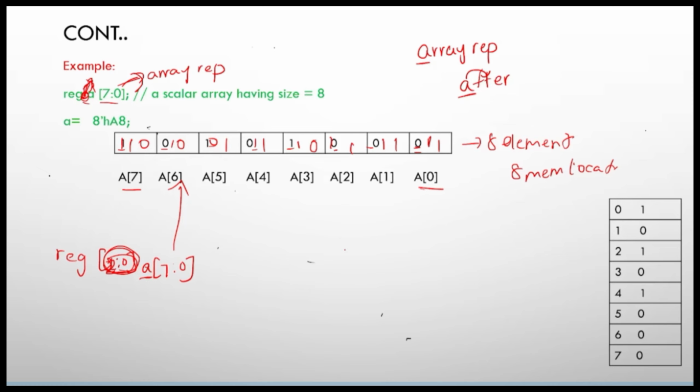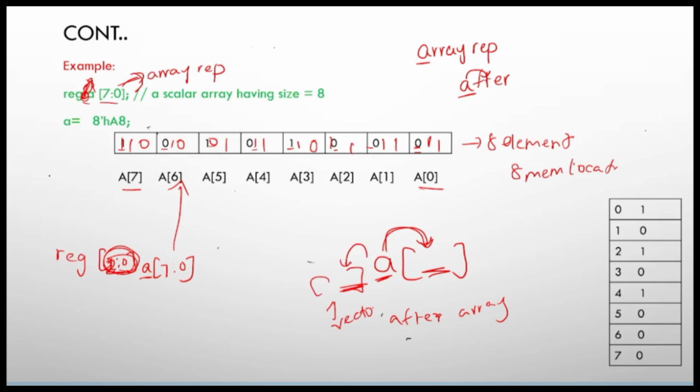To differentiate between array representation and vector representation: if the width is mentioned after the variable, then it is an array. And the opposite of this, if the representation is before, then it is considered a vector representation. This is just for remembrance.